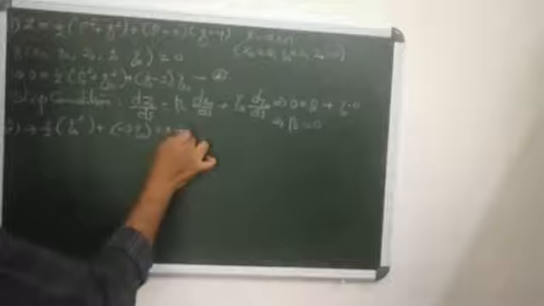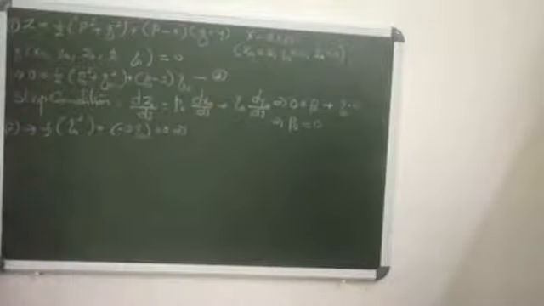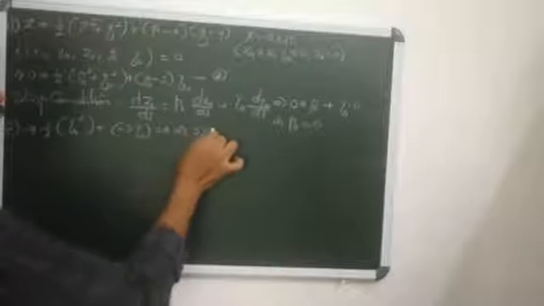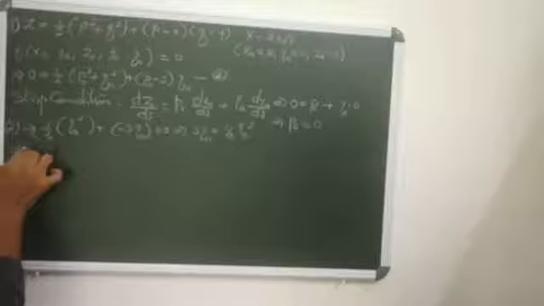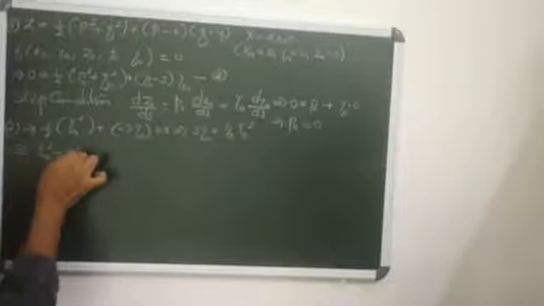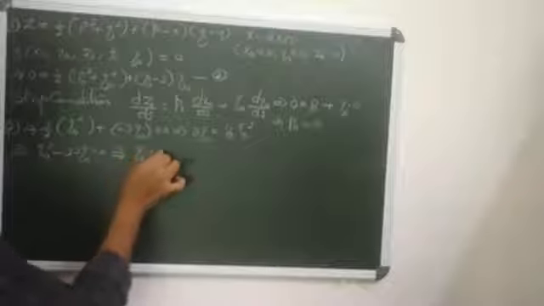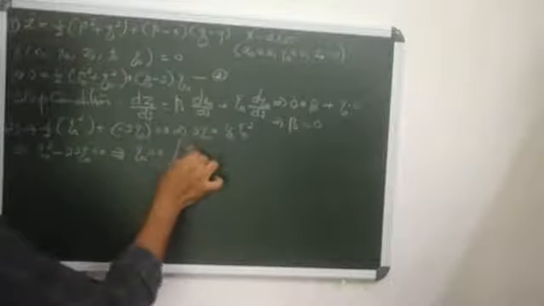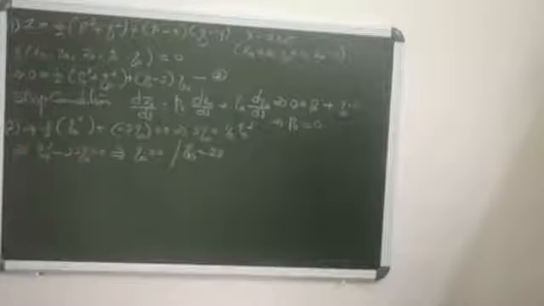That means either q_0 equals 0, or if you simplify, s q_0 equals half q_0 square. So that implies q_0 square minus 2 s q_0 equals 0. That means either q_0 equals 0 or q_0 equals 2s. So there are two values for q_0: q_0 equals 0 or q_0 equals 2s. So there are two strips.